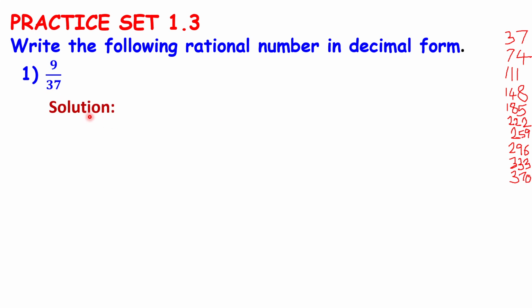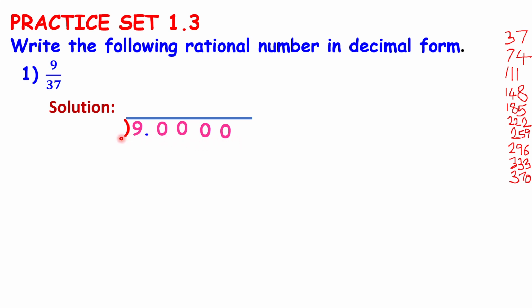Now the solution is: we have to divide 9 by 37. So here we have to write 9.000. If we write 0 after the point, the value of this number will not change.